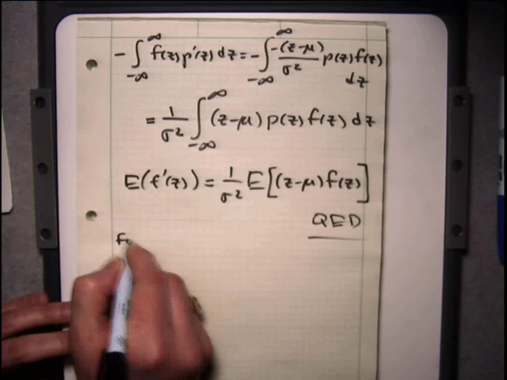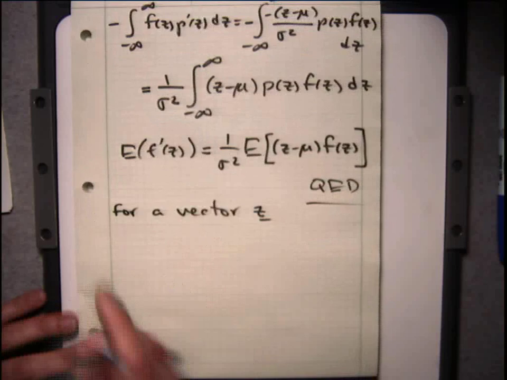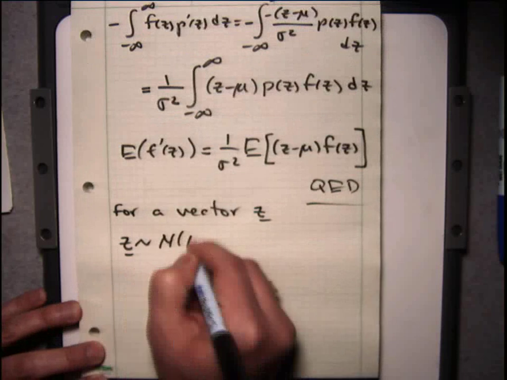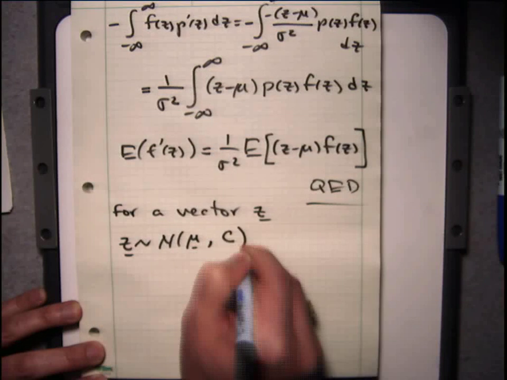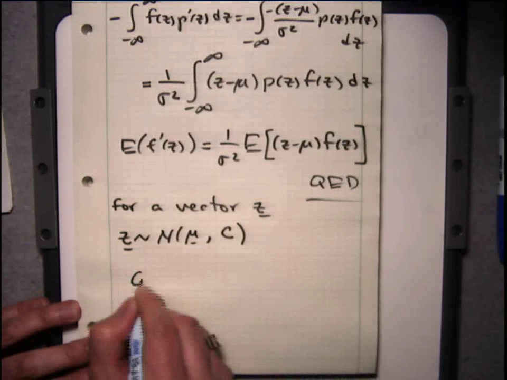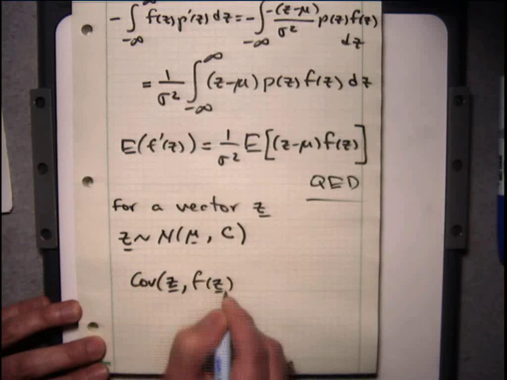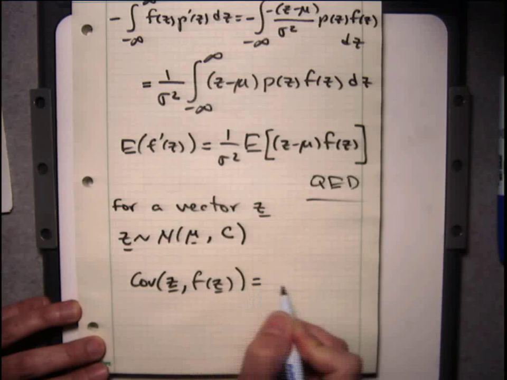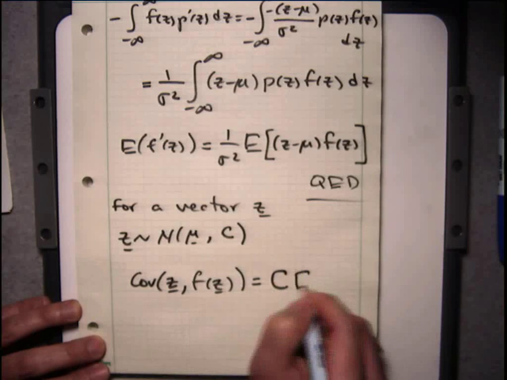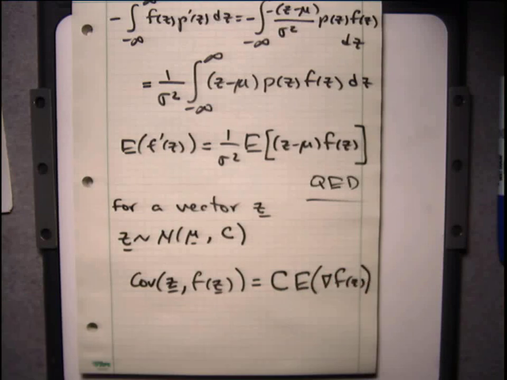For a vector z, if z is not just a single scalar, then z is normal with mean mu and covariance C. Then it turns out the covariance between z and f of z is equal to the matrix C, the covariance matrix, times the expected value of the gradient of f of z.